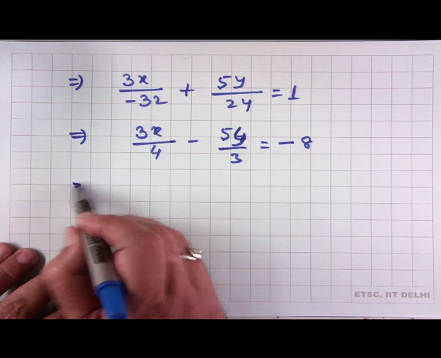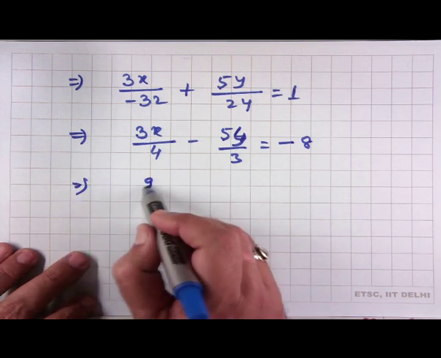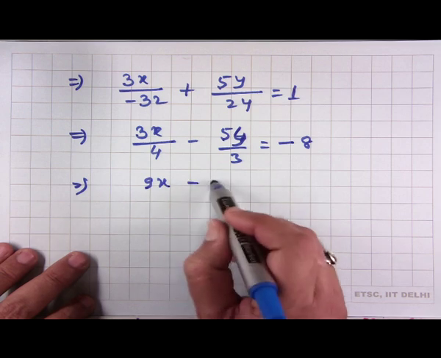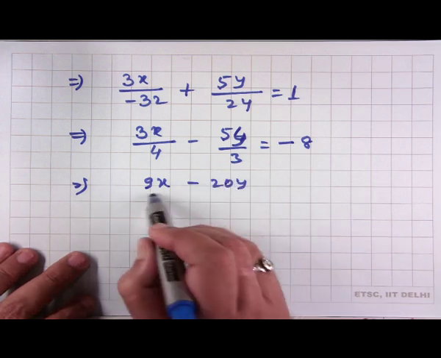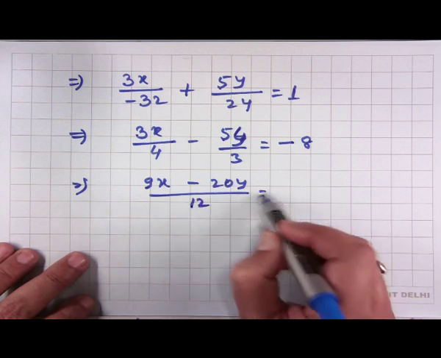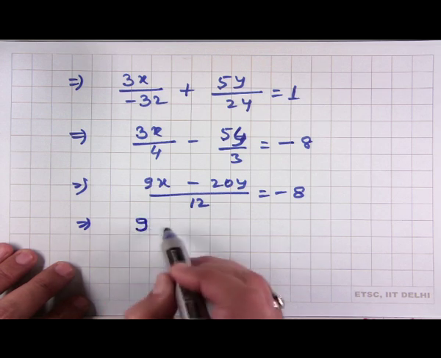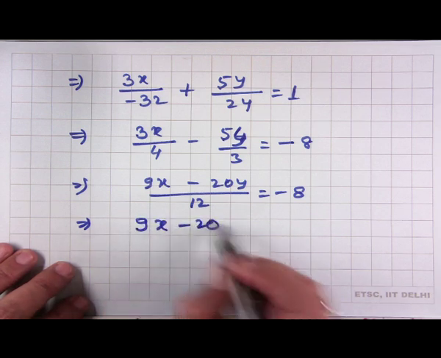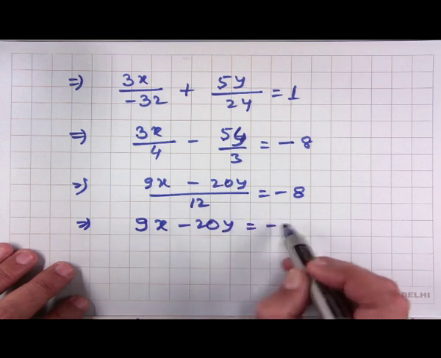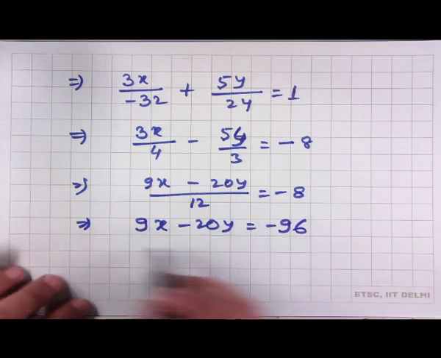So this implies (9x minus 20y) by 12 equal to -8. This implies 9x minus 20y equal to -96.